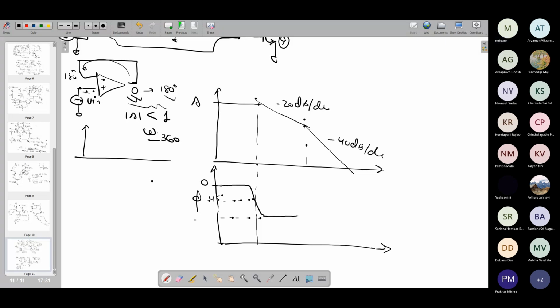And then we had also discussed that at the second pole, we get almost an additional minus 45 degree, and then at a frequency much higher than the second pole, we get close to minus 180 degree. So this is the phase plot and the magnitude plot for the two-pole system that we have studied.